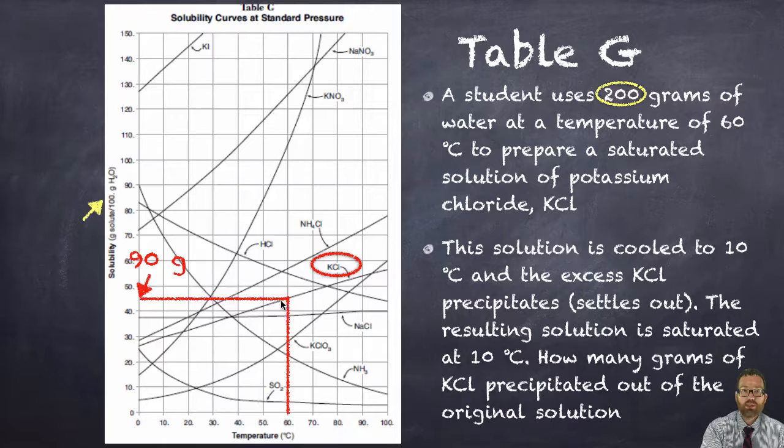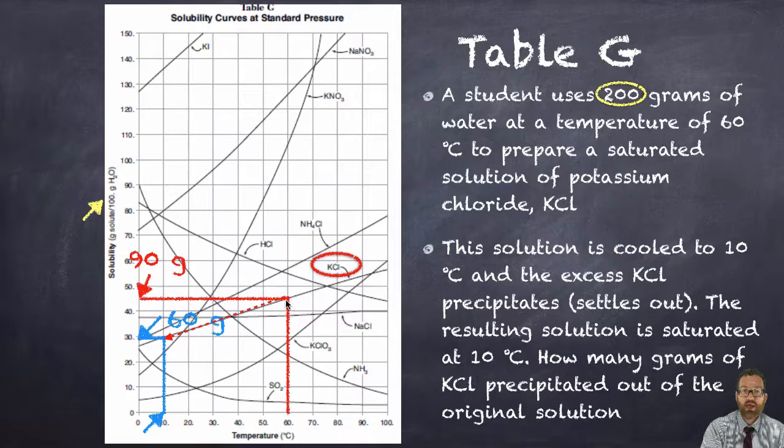But if I cool this down to 10, I just need to follow this line backwards to 10 degrees Celsius and then read over. At 10 degrees Celsius, it would be saturated holding 30 if I was at 100 grams of water, but I'm not. I'm at 200 grams of water. So I need to double this 30 to 60.